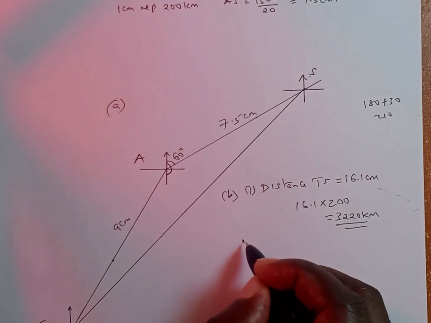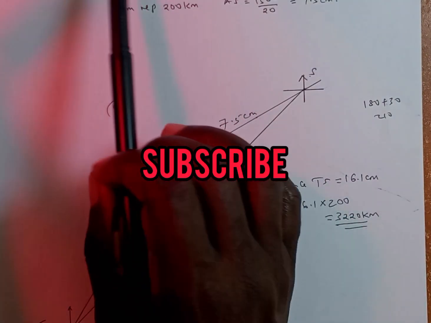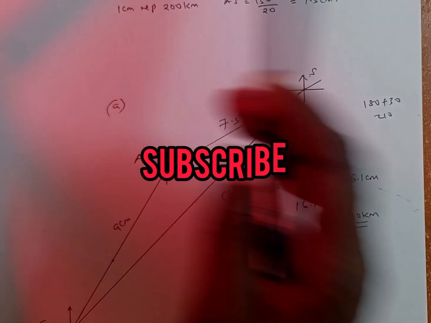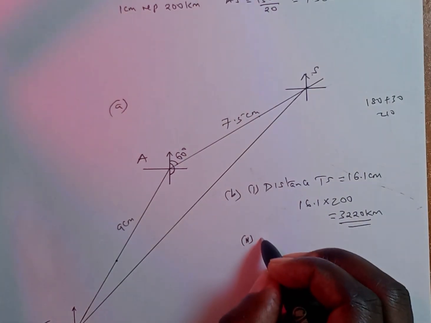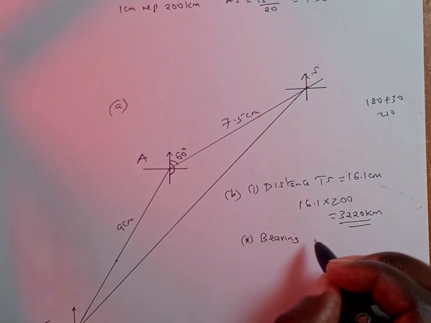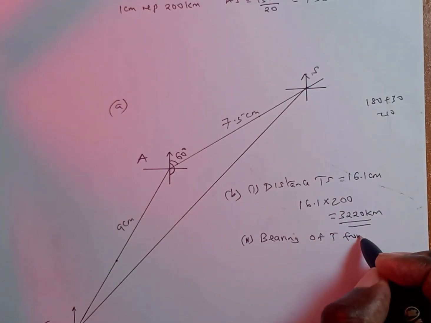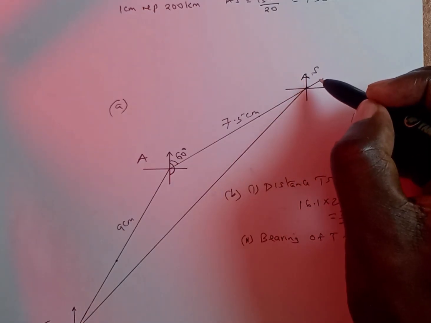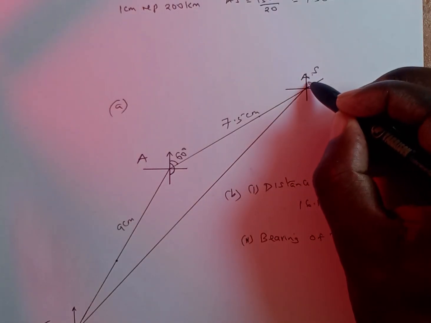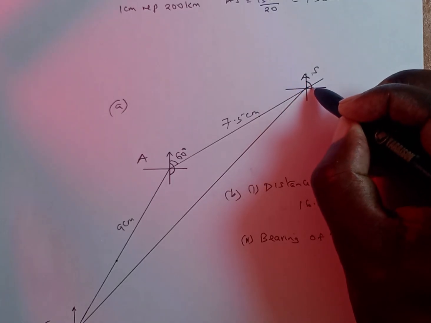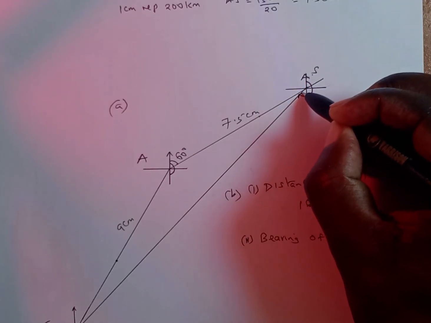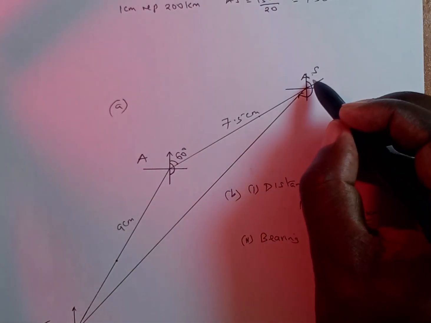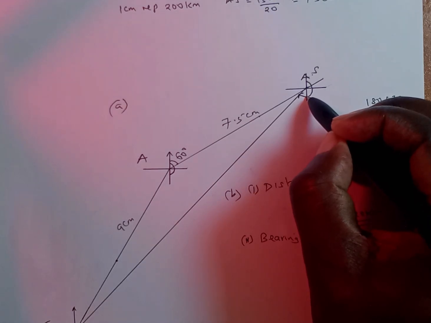Roman 2 of part B, we are supposed to find the bearing of T from S. So you go to S. Remember, we measure angles in the clockwise direction from the North Pole. So we are going to move from the North Pole of S and move all the way to where we have a line going to T. In this case, we are going to move from the North Pole to this point, which is 180.